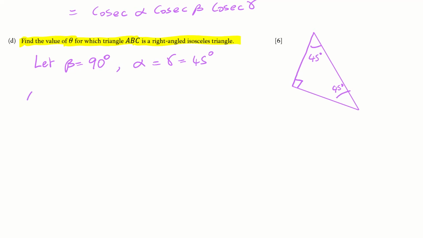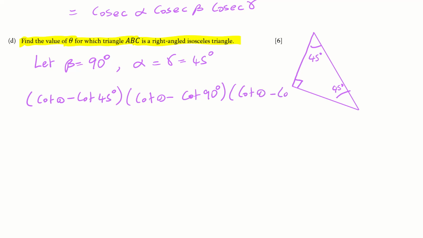So we then have cot theta minus cot 45 degrees, cot theta take cot 90 degrees, cot theta take cot 45.